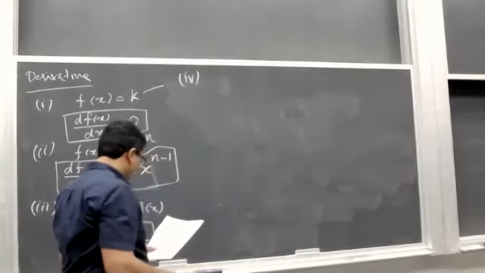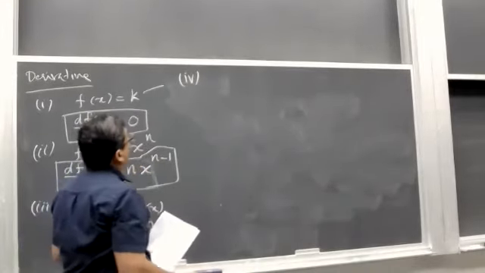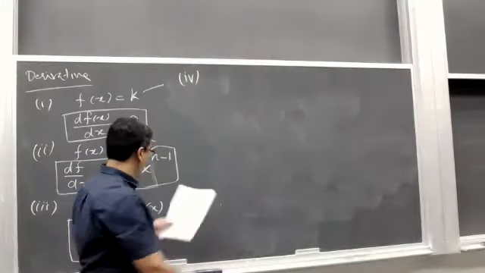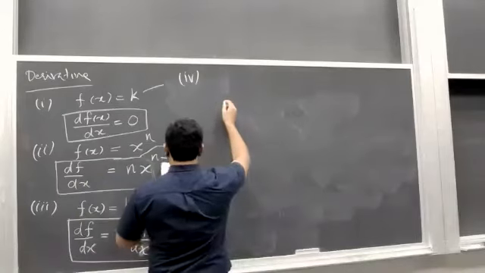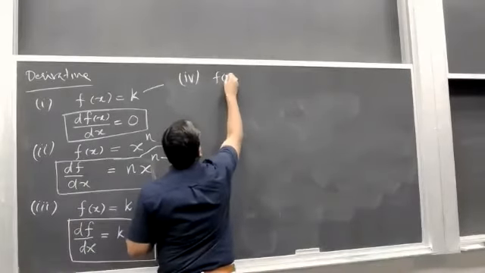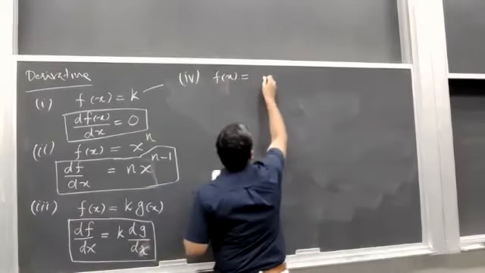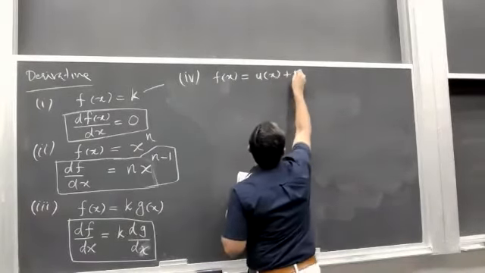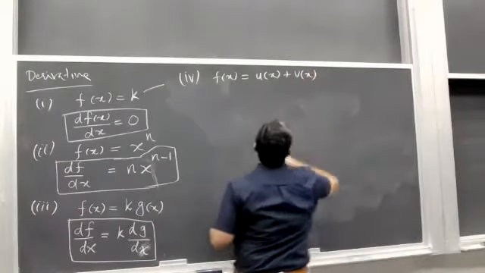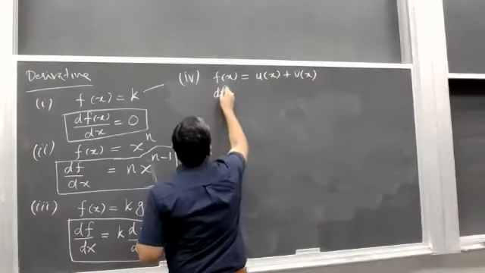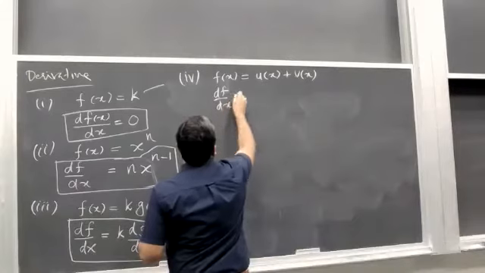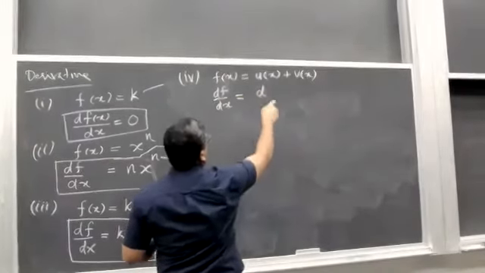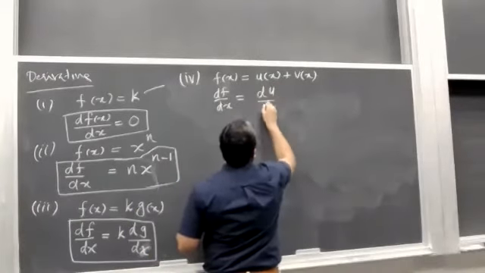The fourth rule is the derivative of the sum is equal to the sum of the derivatives. So if you have a function which is the sum of two other functions, the derivative of that function would be equal to the sum of the individual derivatives of those functions.